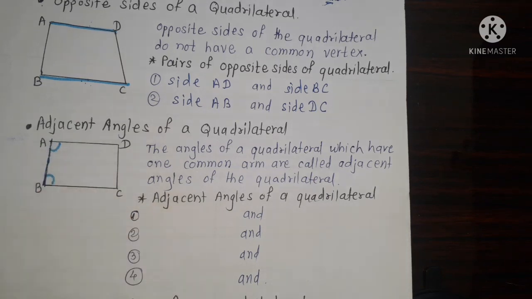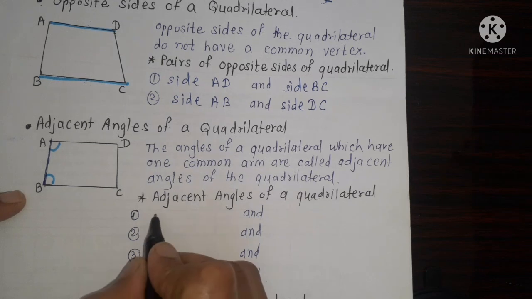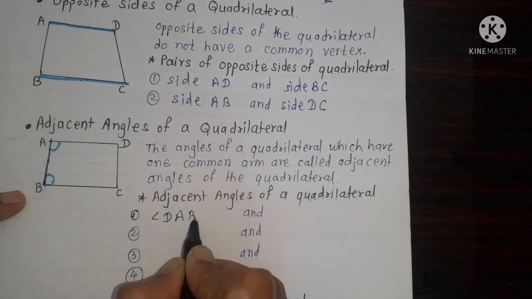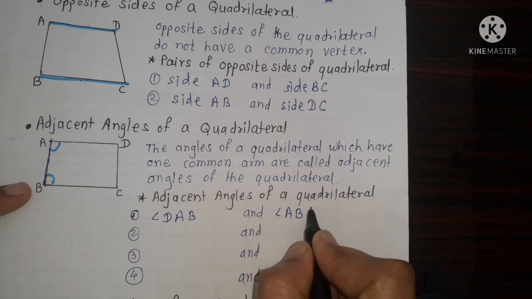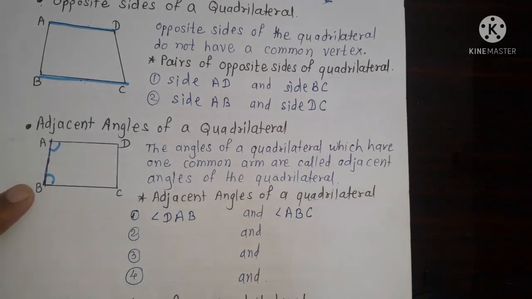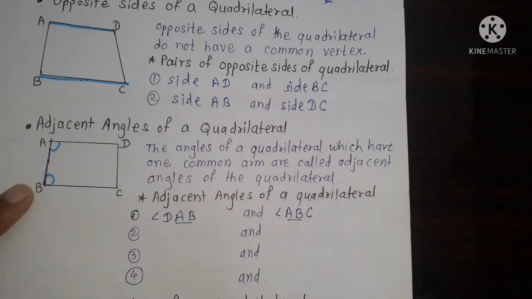Now we write the pairs of adjacent angles. Angle DAB and angle ABC are adjacent angles. They have a common arm AB.